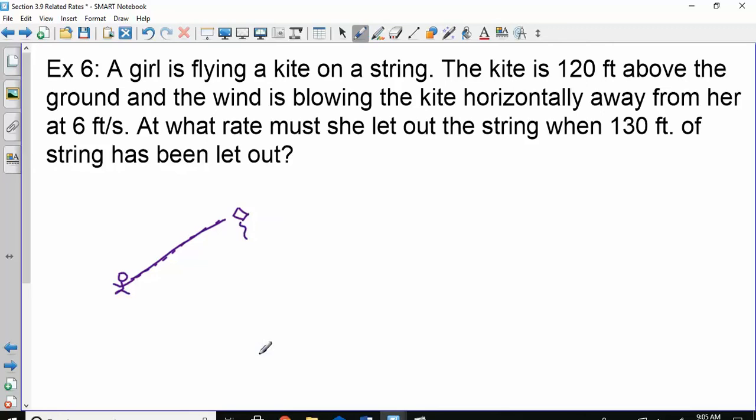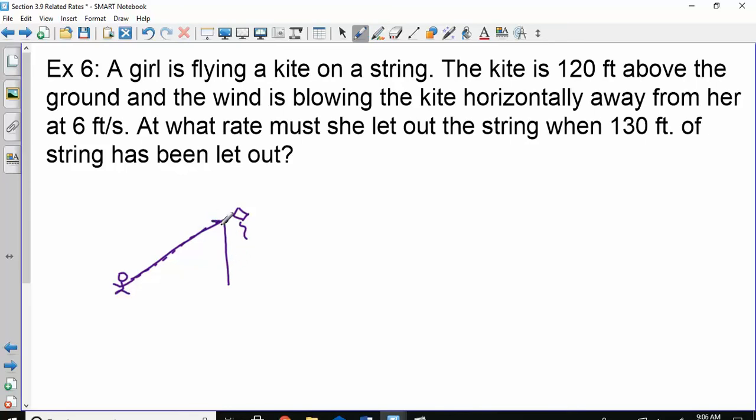The kite is 120 feet above the ground, so what would that be? How would I draw that? Okay, so that's like saying this side right here, or you could have drawn it over here, it doesn't matter. And the wind is blowing the kite horizontally away from her at a rate of 6 feet per second.